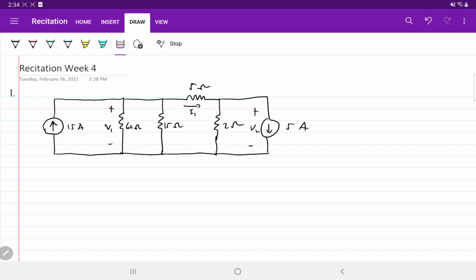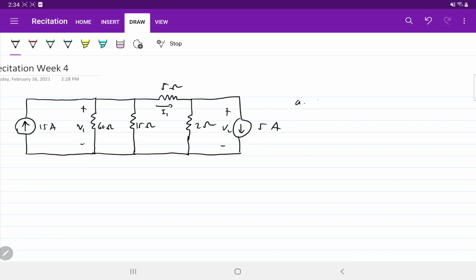The first question, A: what are the values for V1, V2, and I1?